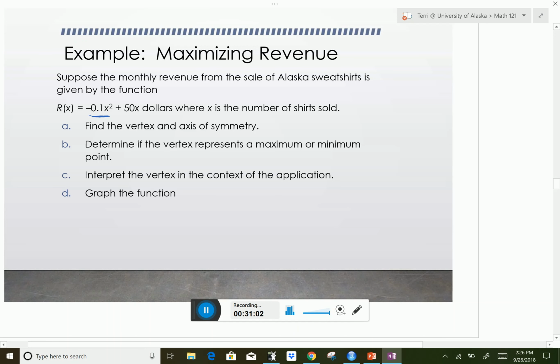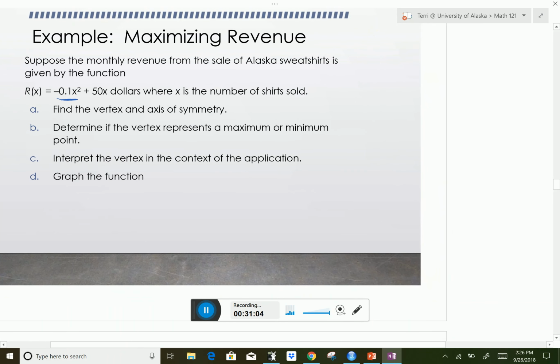So let's first find the vertex and the axis of symmetry. So remember, negative b over 2a. So negative 50 over 2 times negative 0.1.